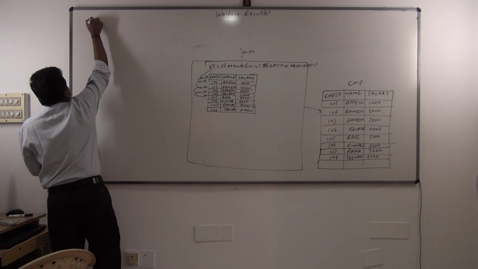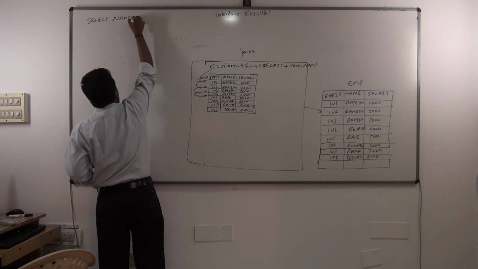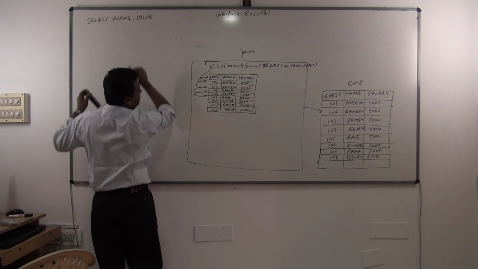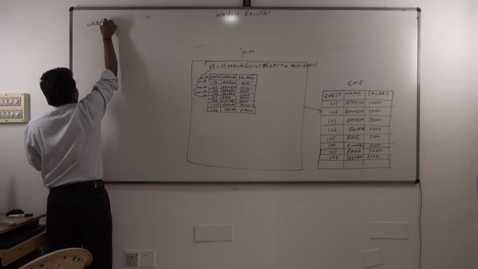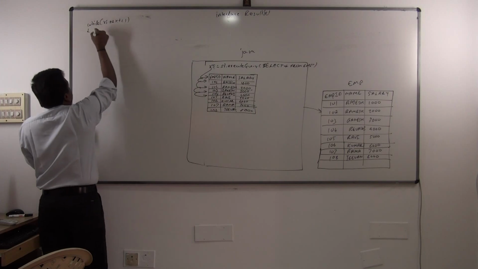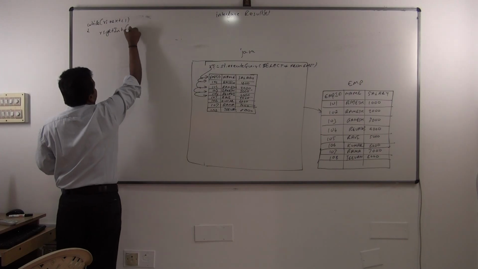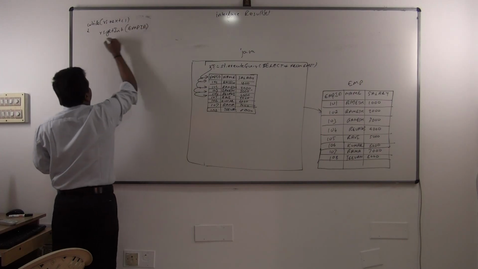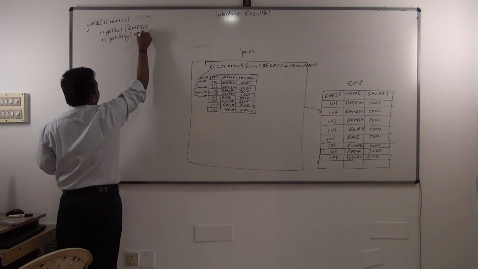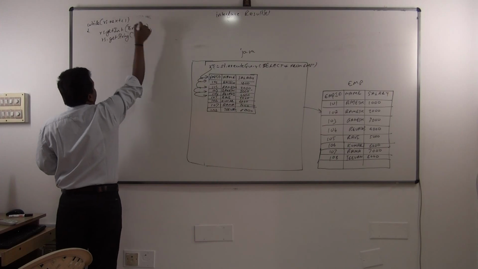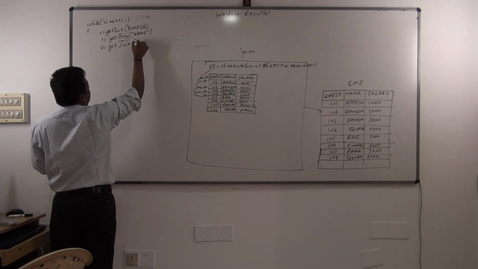The next query would be select name and salary from EMP. One second. Here what will be the code for this query? You will be writing while rs.next, you will start getting the values. rs.getInt of employee ID, rs.getString of name, rs.getInt of salary.